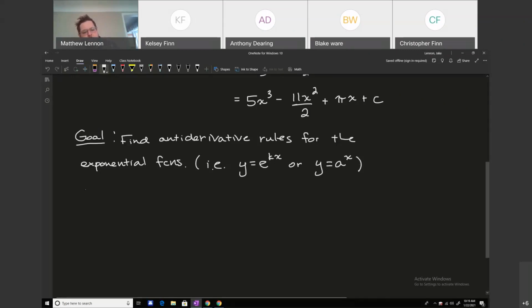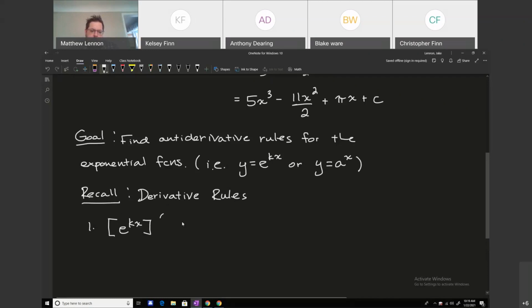So let's remember what the derivative rules did, because what we want to do is do this process in reverse, essentially. If you were taking the derivative of e raised to the kx, what happens?